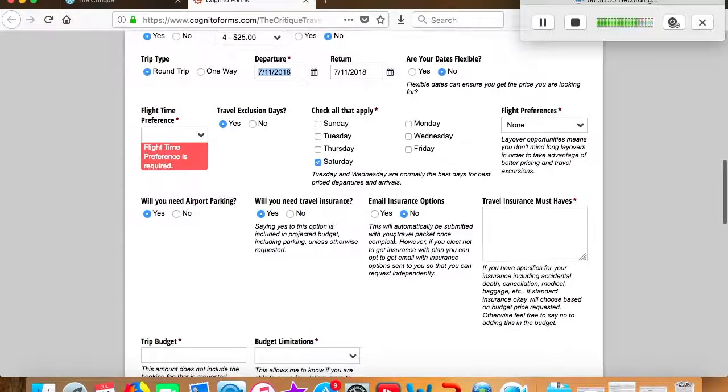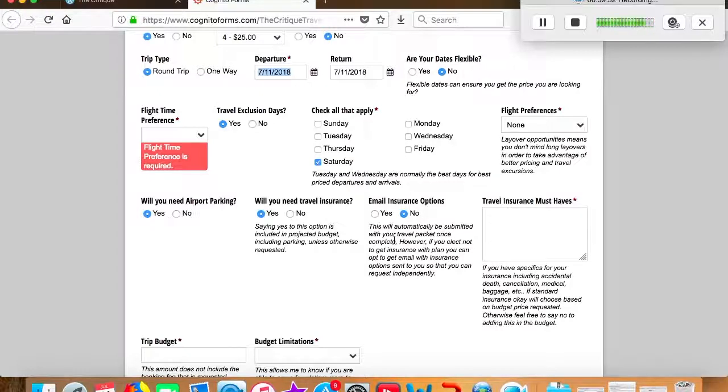Now, when I look for travel insurance, there are certain things that are a little bit different. If you're getting travel insurance, you need to know what you need it for. For that reason, I will create a list of different travel insurance options within your budget, that will keep you inside the budget you gave me, that you can review and choose from.